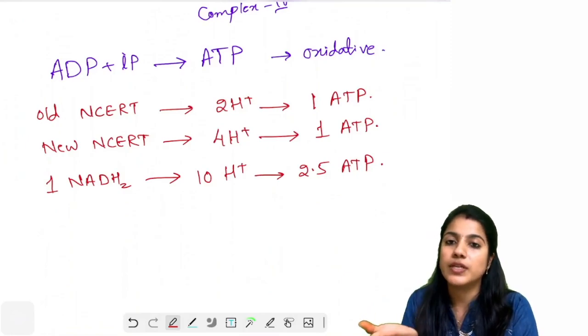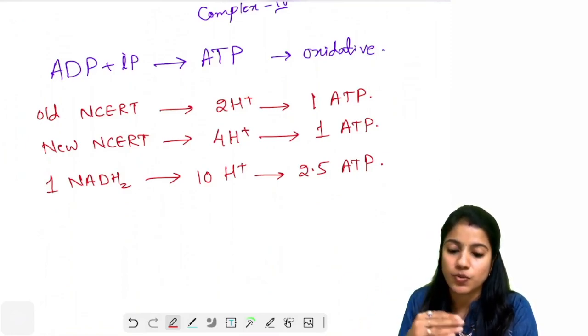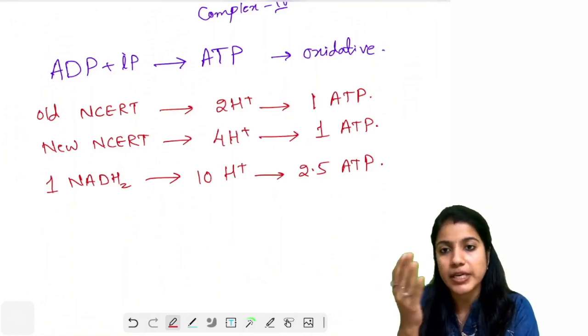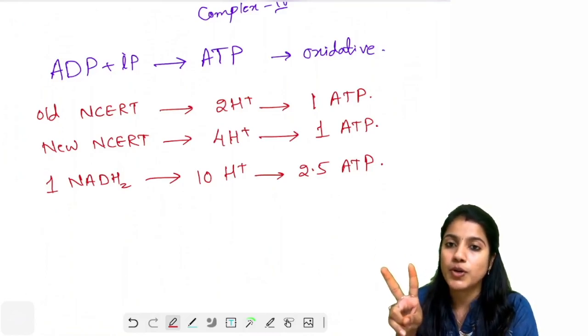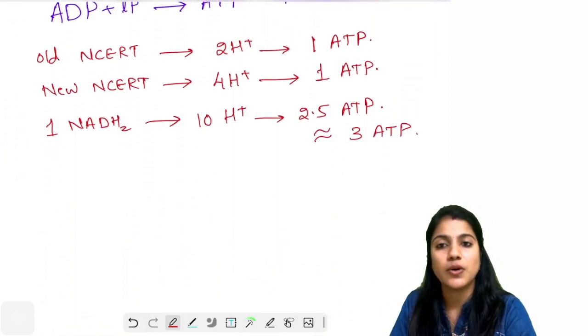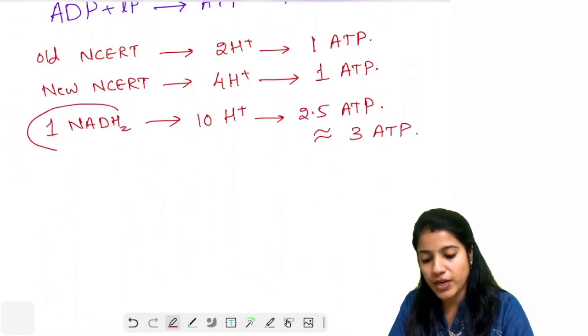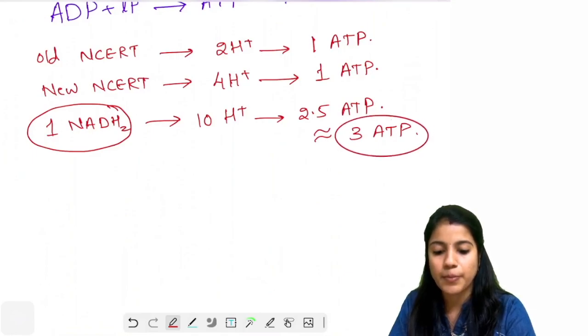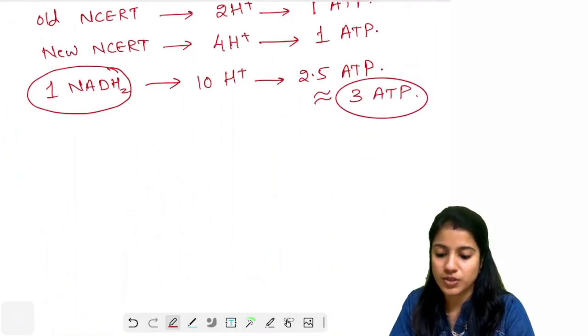Total 10 protons will get pumped because of NADH2. 4 protons, 1 ATP, 4 protons, second ATP, 8 protons gone, 2 more protons, that means 2.5 ATP, which is approximately, we are considering 3 ATP only. So because of 1 NADH2 molecule, it results into production of approximately 3 ATP molecules.